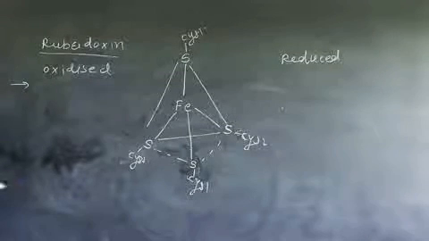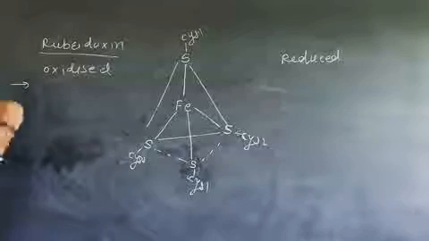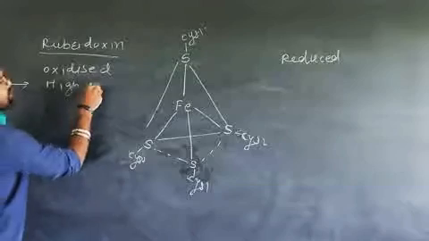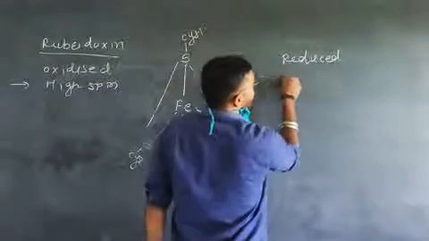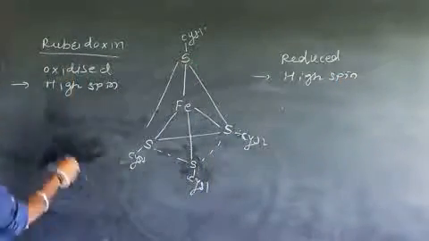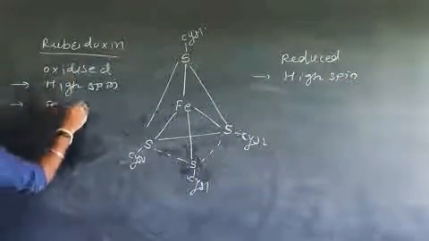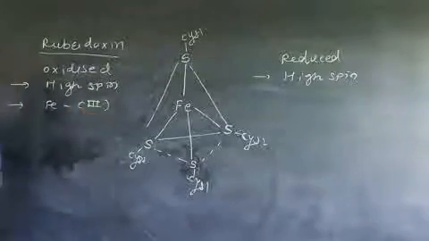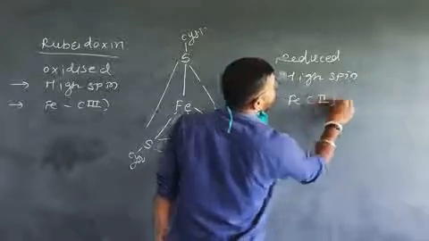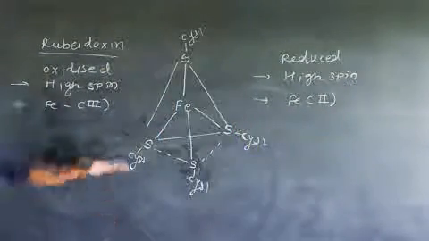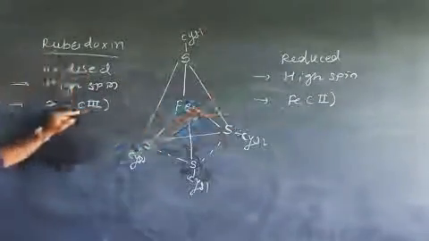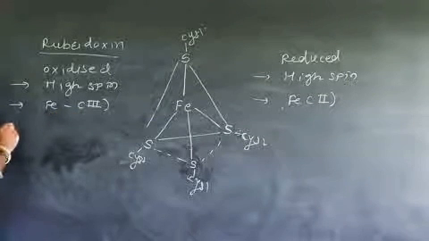In the oxidized form or in the reduced form, the complex of iron, that means rubredoxin, is a high spin complex. In the oxidized form, iron is present in the +3 oxidation state, while in the reduced form, iron is present in the +2 oxidation state, because an electron is transferred: if an electron is gained, +2 oxidation state, if an electron is lost, +3 oxidation state.